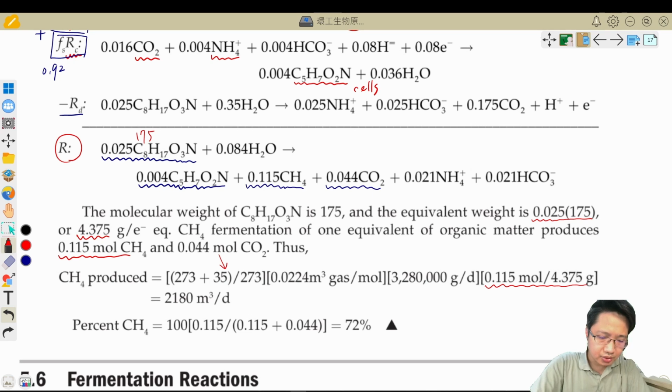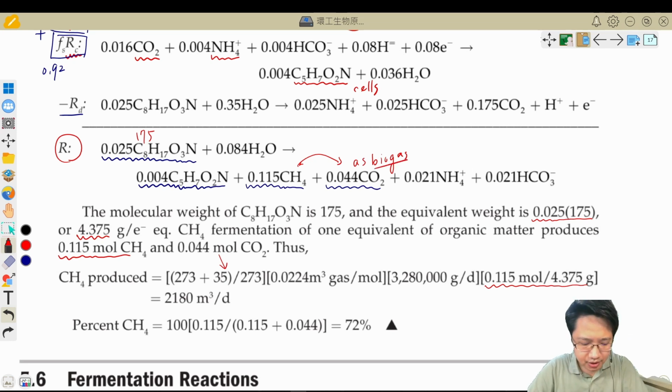So generally you will get about 2,180 cubic meter per day of methane. You can also understand the methane percentage in your biogas. We will treat these two as the biogas you generate from the methanogenesis reaction. Okay, so basically this is the example here.